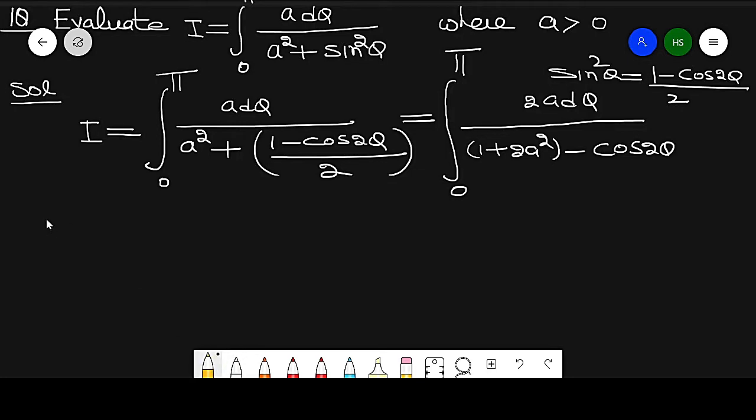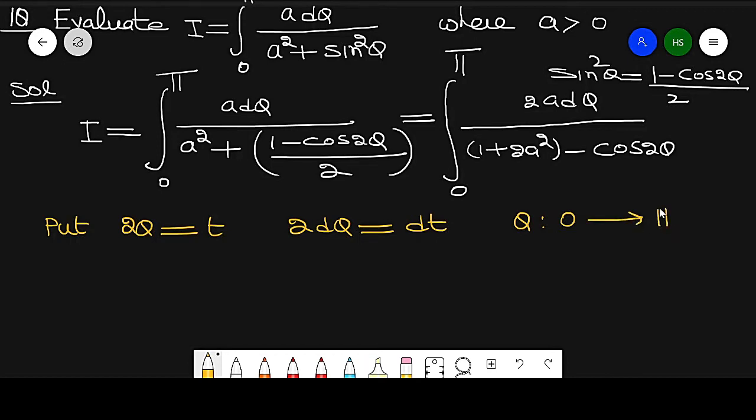So put 2 theta equal to t, then 2 d theta equals dt. Now theta is from 0 to pi, so 2 theta is from 0 to 2 pi, so it completes the circle. So the limit of t is from 0 to 2 pi.